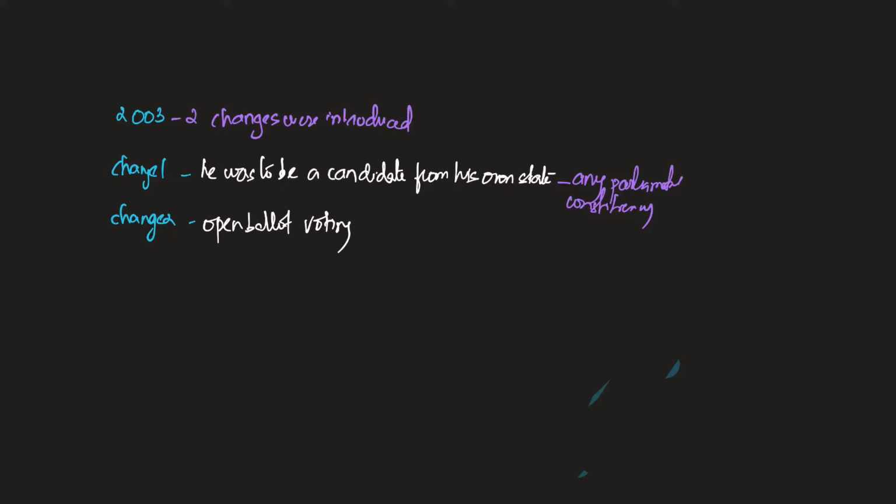Now, what is open ballot voting? In open ballot voting, after the submission of the vote, the elector will have to show the ballot paper, and show which party has been voted for, or which political party he is supporting.